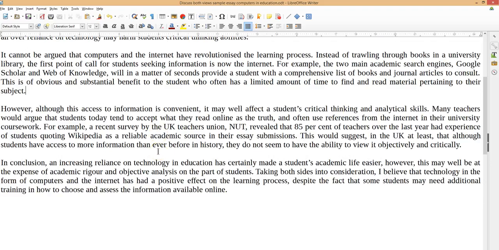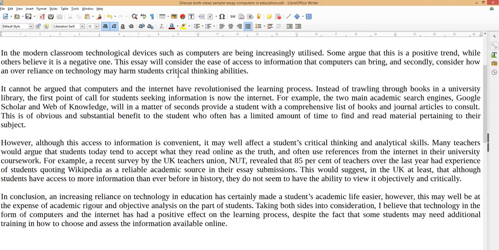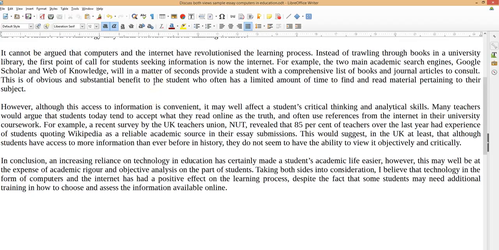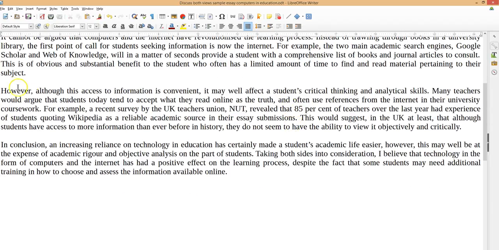Now the next view, the opposite view: some people believe that computer use is going to lead to some kind of negative effect or consequence. So what I'm saying here is that if you rely on this stuff, it may harm your critical thinking abilities. So let's see.